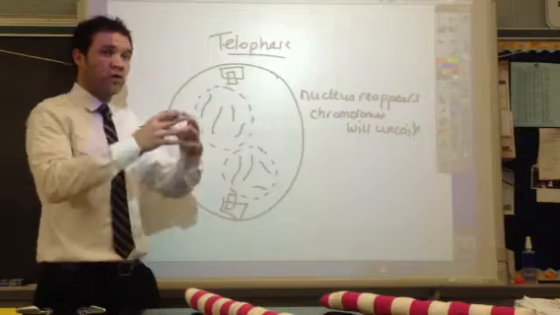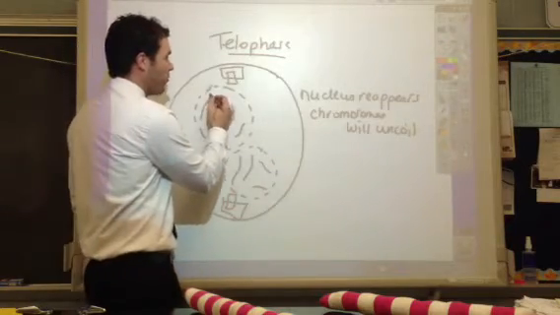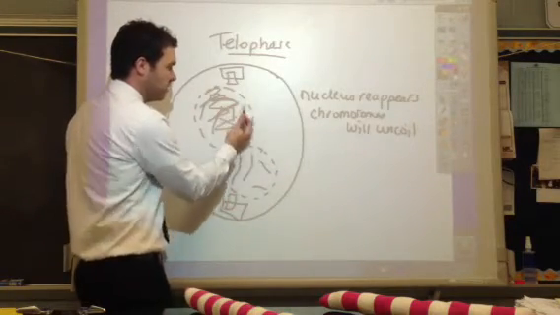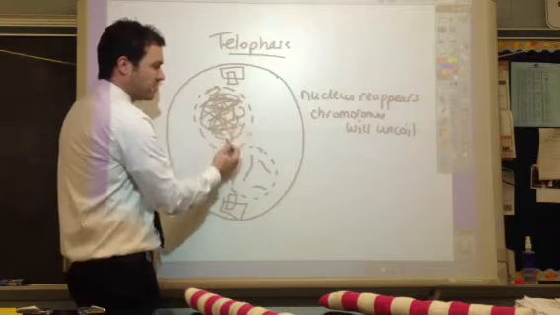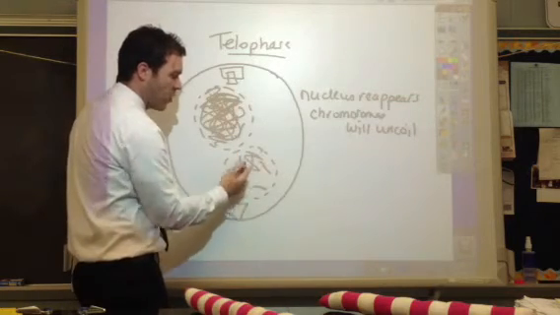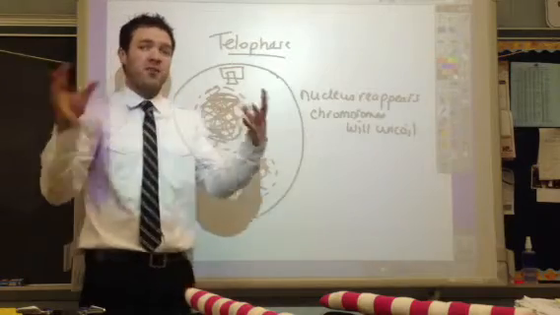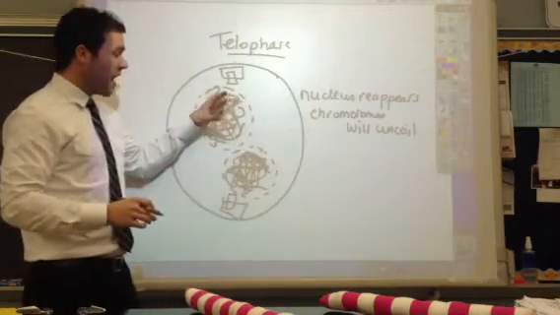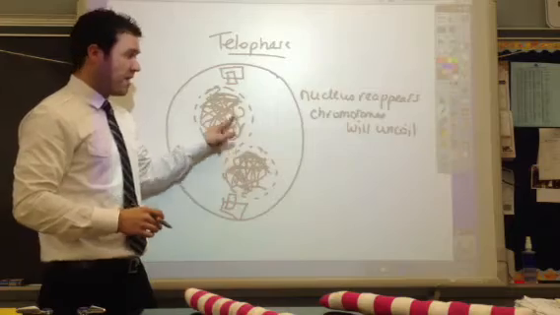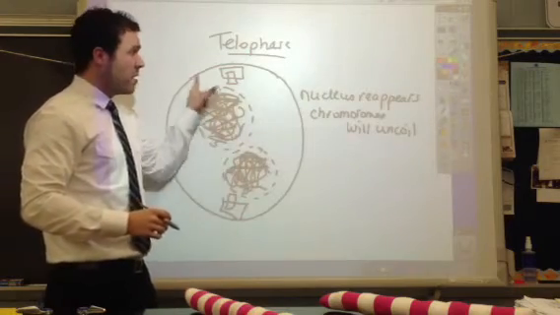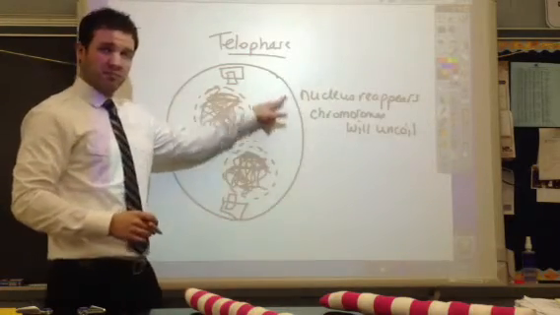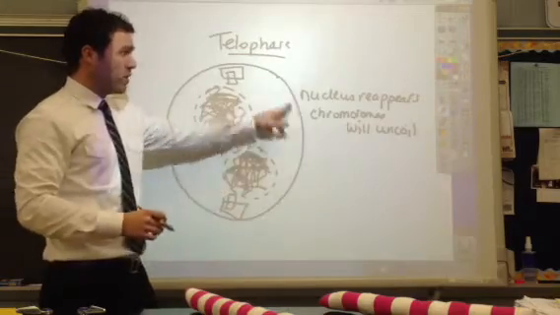These chromosomes will start to uncoil and will turn right back into that sloppy spaghetti, because it turns back into chromatin. It's no longer needed to be in that form of chromosome because the process is over. So now we have two nuclei that are identical to one another within one cell. Two nuclei, one cell.